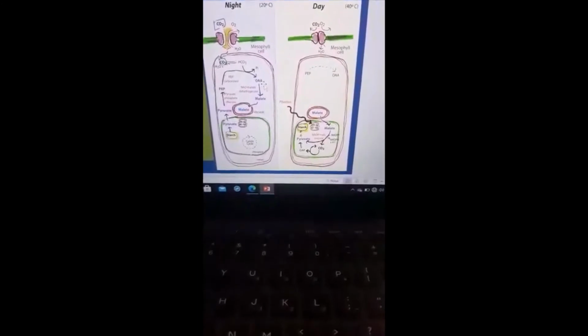So you can see the stomata opening, CO2 coming into the leaf, that CO2 being converted into bicarbonate after interacting with some water there, forming a bicarbonate which has got a charge. The next step, that bicarbonate combines with PEP to form OAA, which has got 4 carbons.